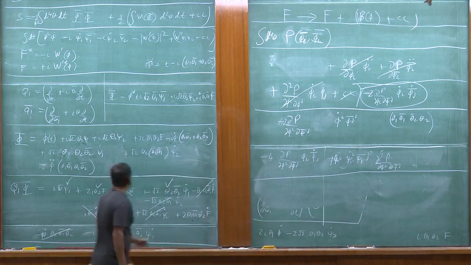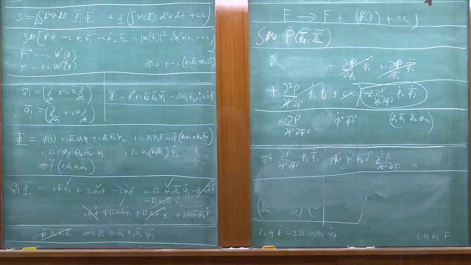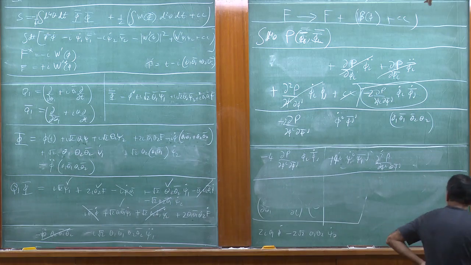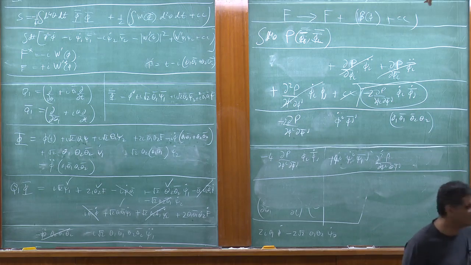Now, lastly, we'll keep track of the terms involving f. Yes. How are you interpreting the second term as a kinetic term because there is only one time derivative there? That's how fermions are, right? Fermions are first order in time. This is the standard. If you take the -1/4, it's the standard kinetic term we get for fermions.